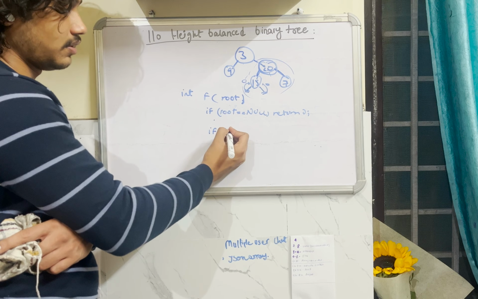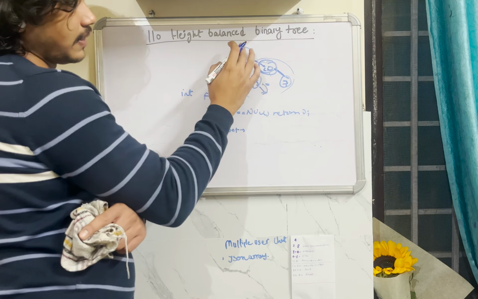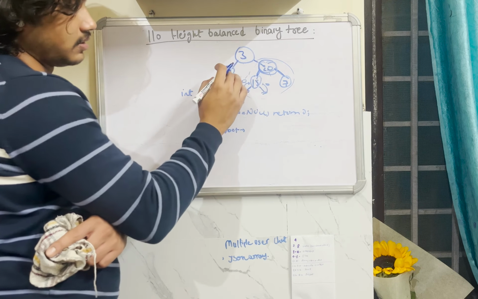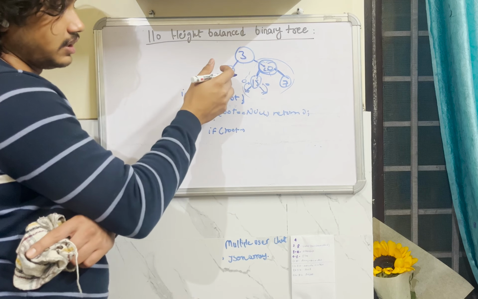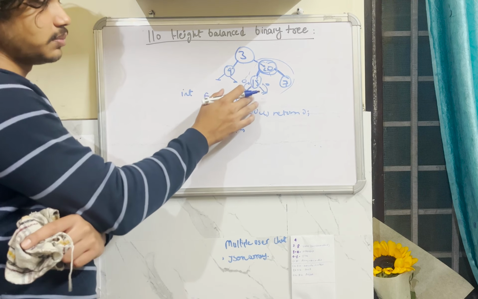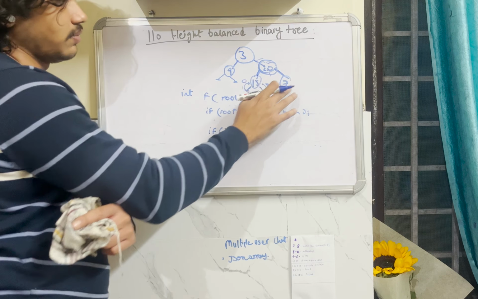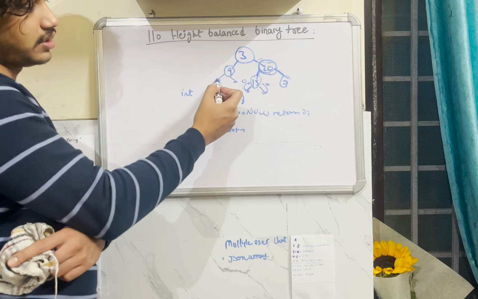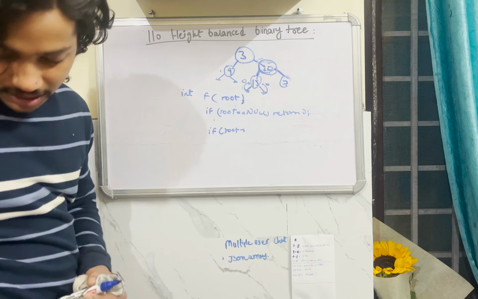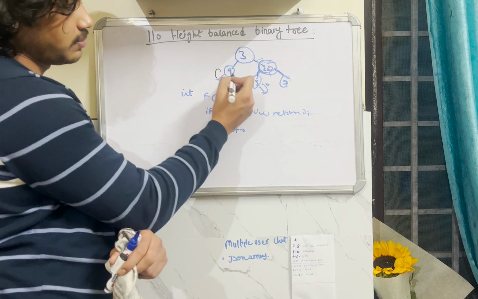If root arrow left is there, let us suppose we are standing here, we go on the left-hand side, we came here to 9, and I hope this is clear to you. Let me rub out a few of the lines. This will return 0 to its parent, 0 to the parent.